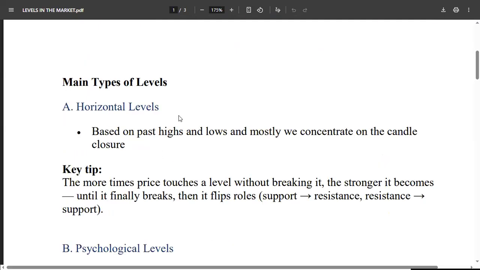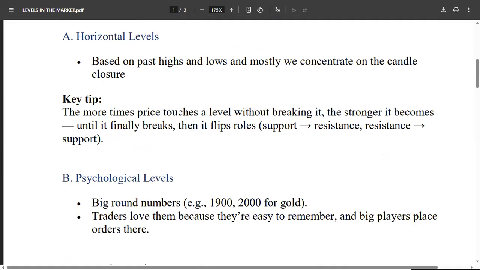The first one, which I think most of the traders in the world know about, is the horizontal levels. Mainly, it is based upon the highs and the lows, and we mostly concentrate on the candle closure.